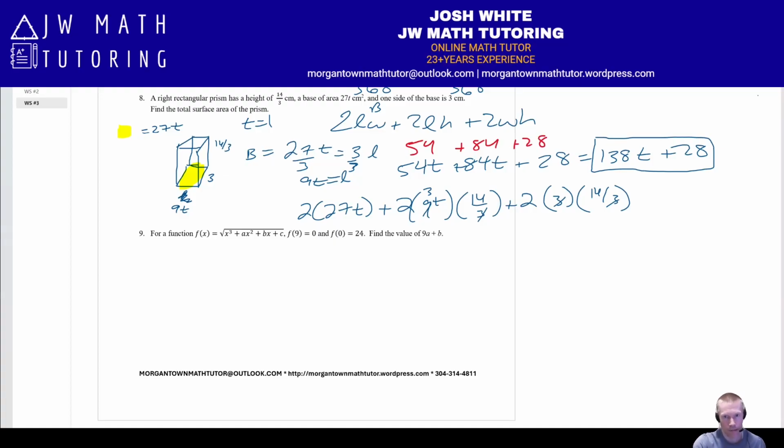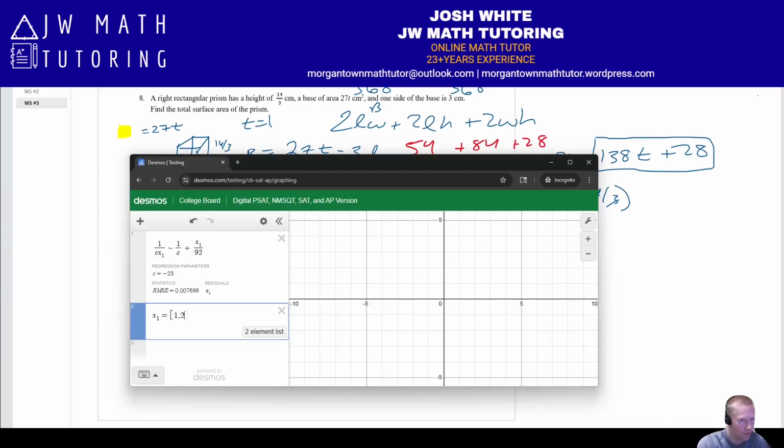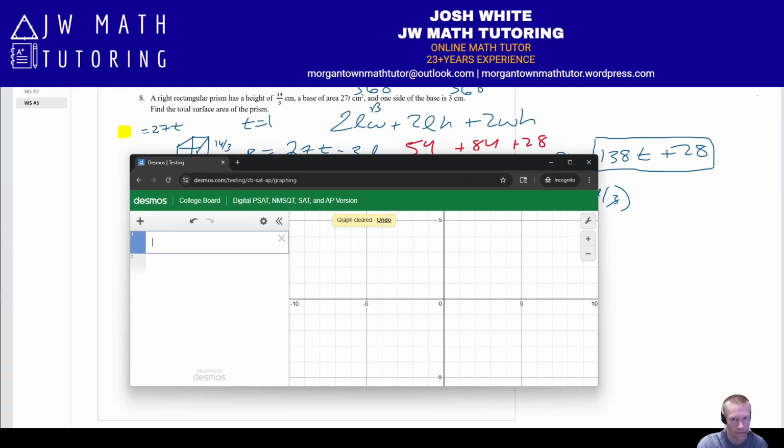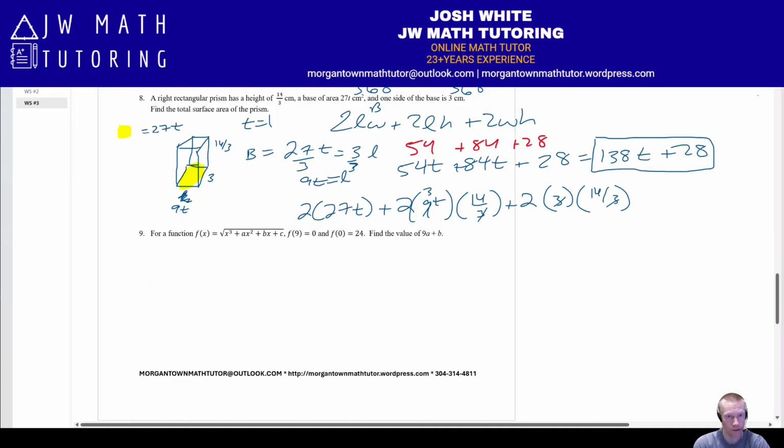So you just add up all those values. All right, so you get 166, right? Then you go to your answer choices and you plug in 1 for t to each of them, and you see which of these 4 answer choices is equal to 166, and that's going to be your correct answer.